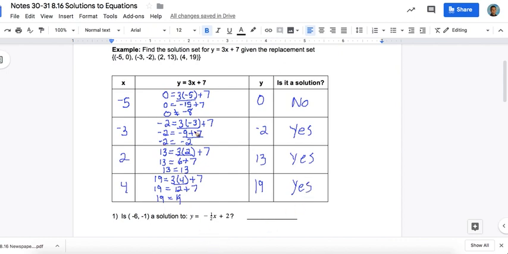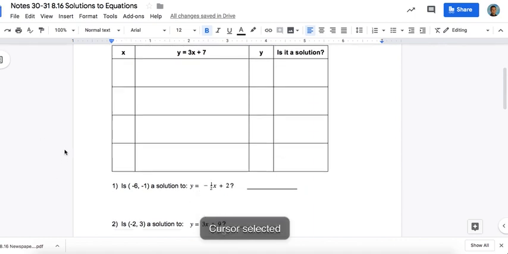Okay. Now, I was just proving to you how to show whether or not it's a solution or not. When we get down here to some more examples, I'm going to show you a bit of a shortcut. So let's take a look.